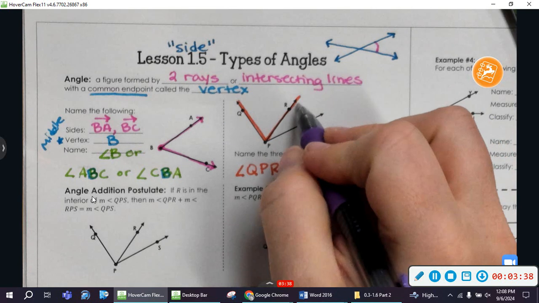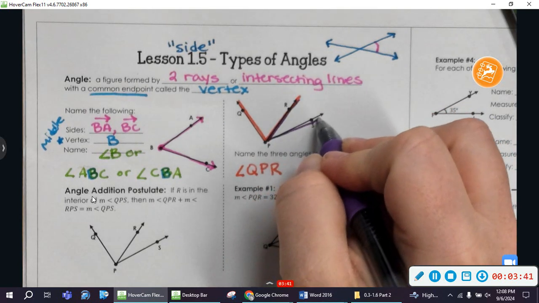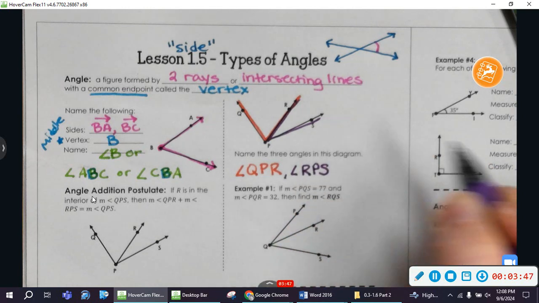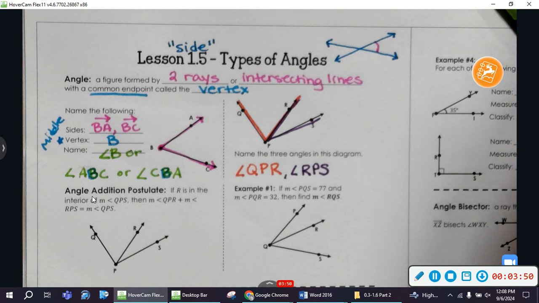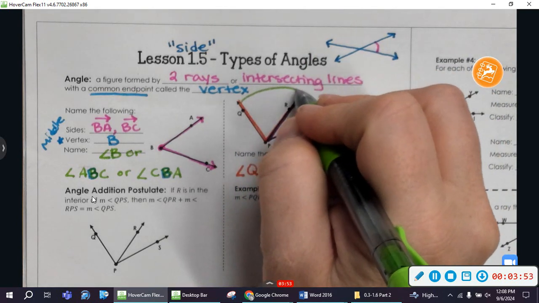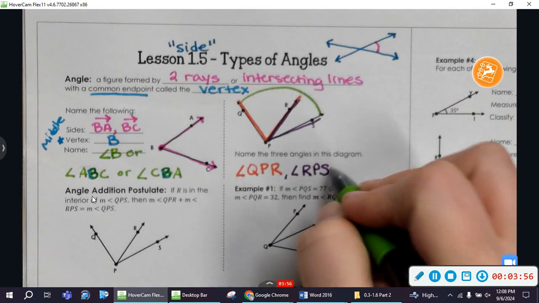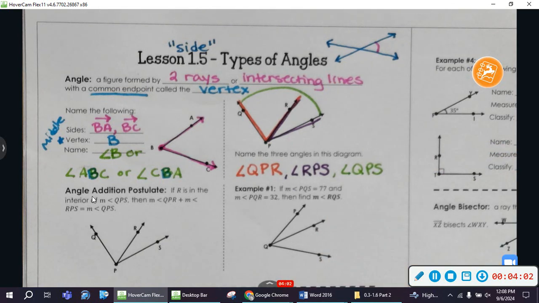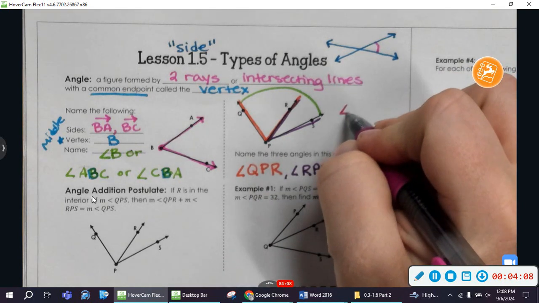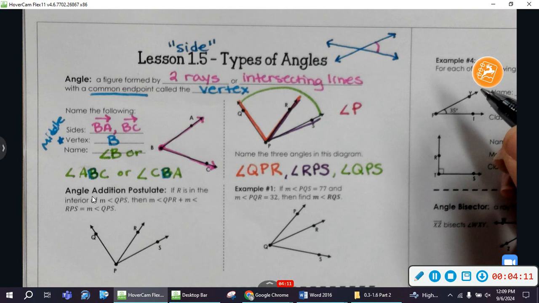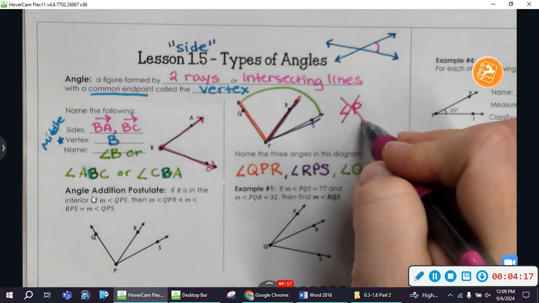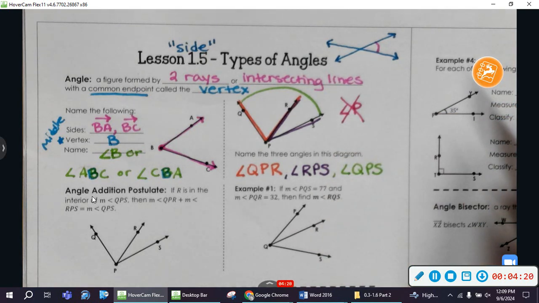And then we've got another angle on this side, and that is angle RPS. But I actually have a large angle that makes up both of those, and that is angle QPS. Now earlier we said we could name an angle based on its vertex, like angle P. Well, in this case, because there are 1, 2, 3 different angles at P, I cannot use only the vertex point.